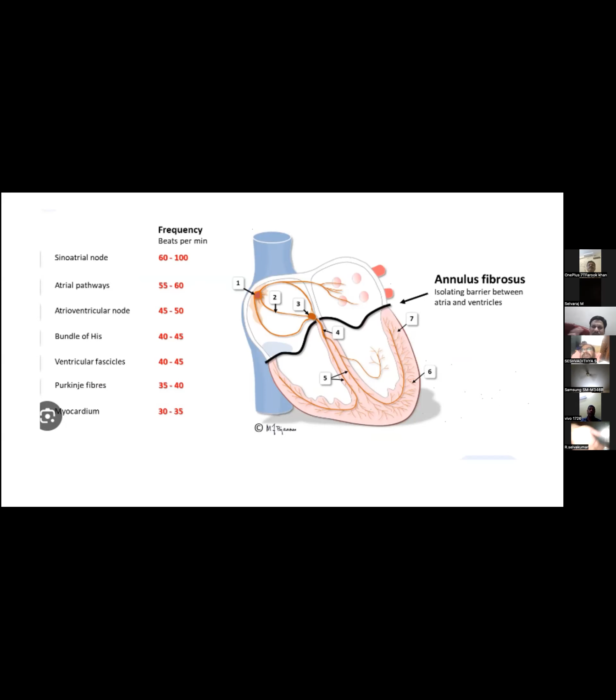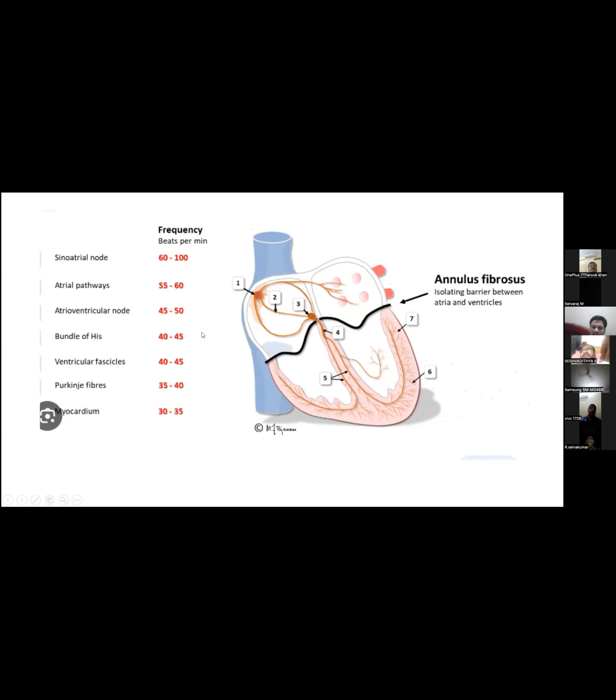And when it is not functioning, there is an inherent rate with which every place works. The SA node works at around 60 to 100 per minute. Atrial pathways, in the atrium, work at around 55 to 60. The AV node, when the SA node is not functioning, works at around 45 to 50 beats per minute.